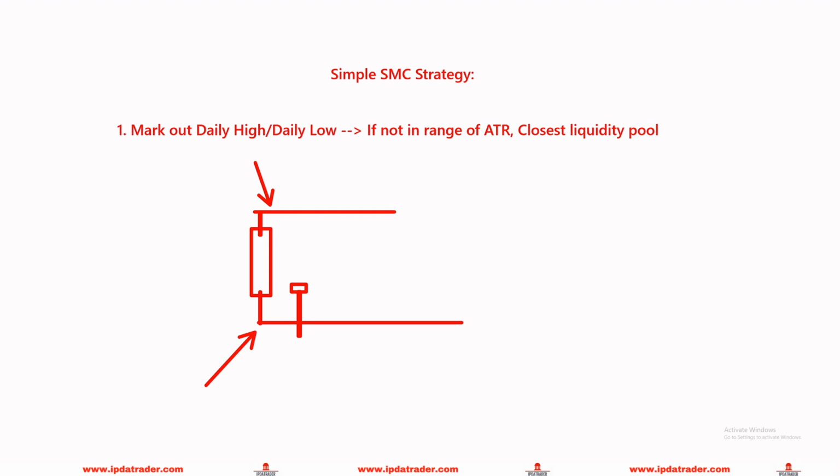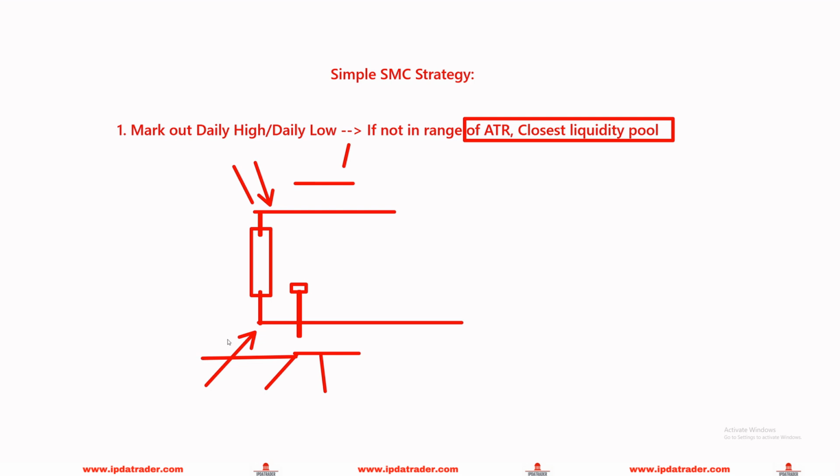Now, if it's not in range of ATR on a day, let's say as an example, ATR on a day is sitting above structure, in this case above the daily high or below, right? We have ATR high and ATR low. Then you're going to be using this as your reference point to frame a POI around that level, okay? Because these levels tend to bounce pretty well. So you're going to be using that to your advantage.